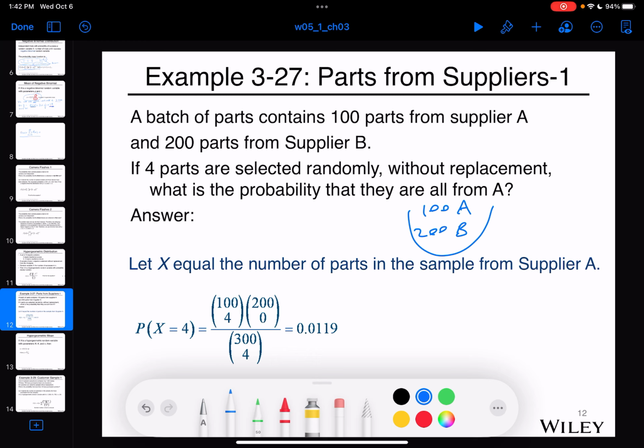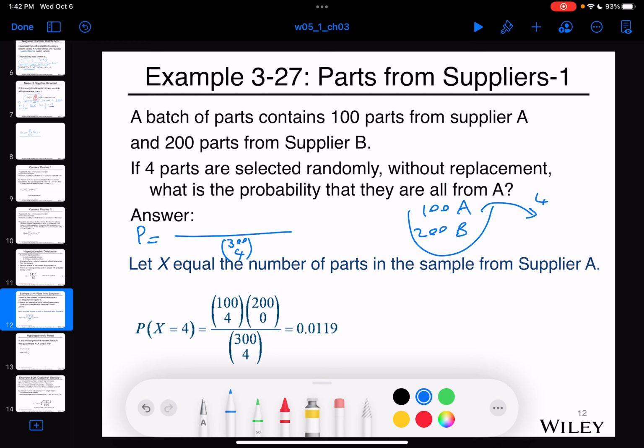Probability is equal to the total number of ways in the denominator, and that's the easy part. The total number of ways I can select 4 parts out of 300 parts is combinations of 4 out of 300.